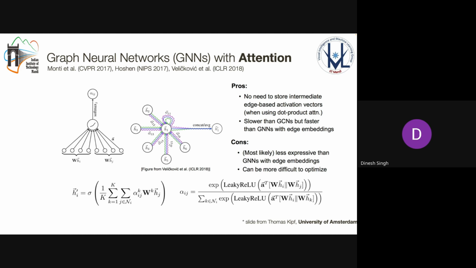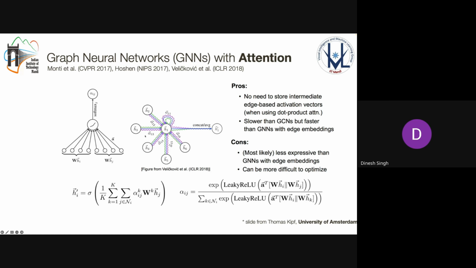There was no consideration at all of how important a link is or what the significance of each link is. In this category, we have graph attention networks, where we learn the features as well as the attention between these links.